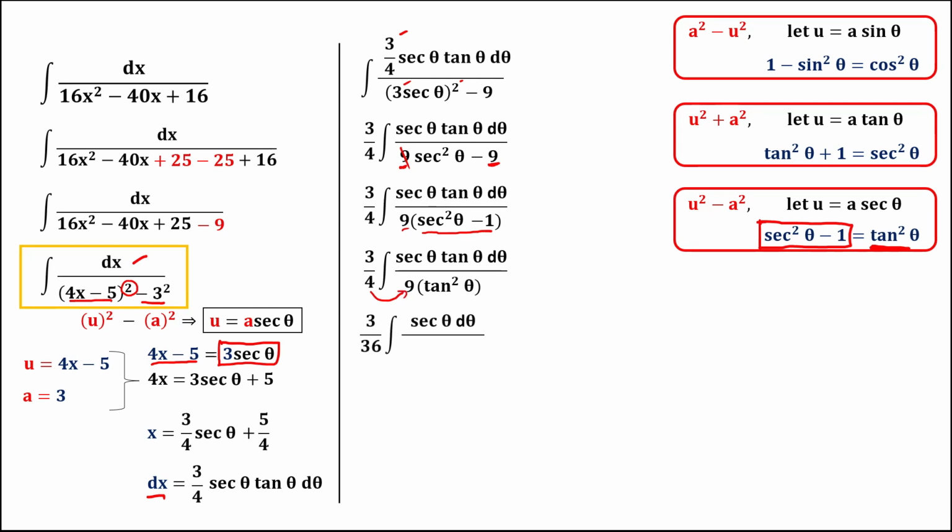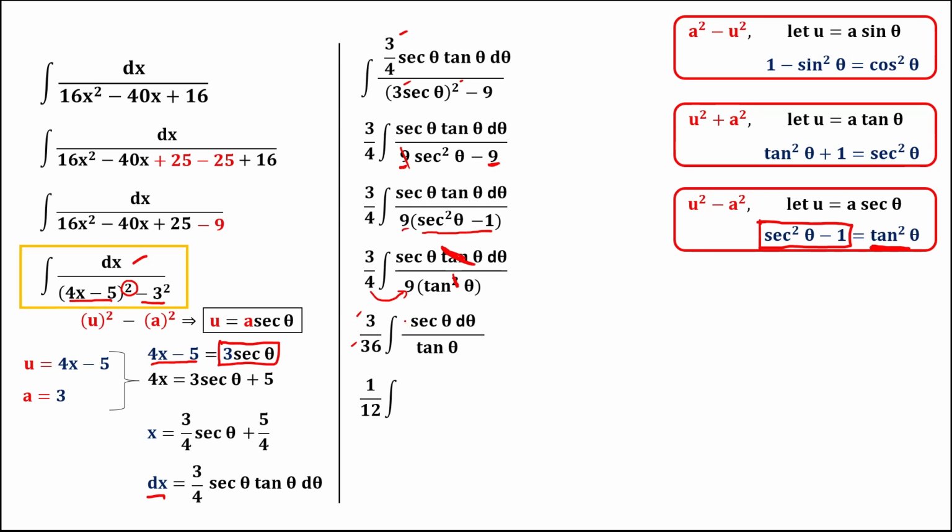So we have 3 over 36. And cancel now this tangent theta. Cancel 1 tangent theta. So in the denominator, that's tangent theta. Then we need to reduce this 3 over 36. So divide by 3. So this is 1 over 12.